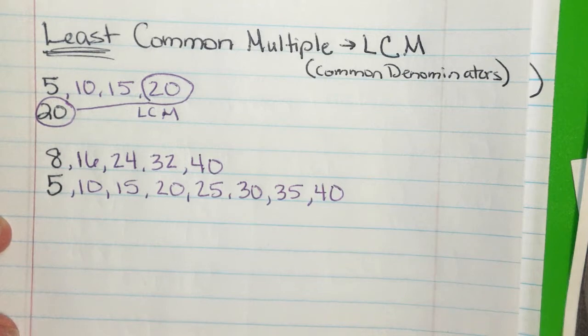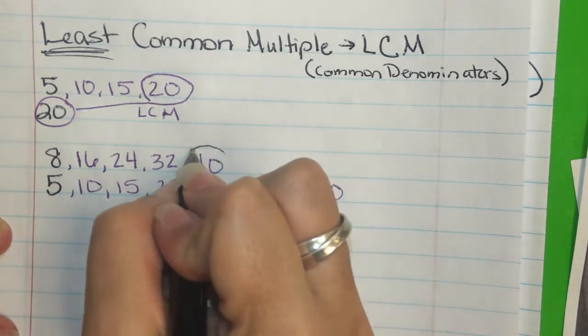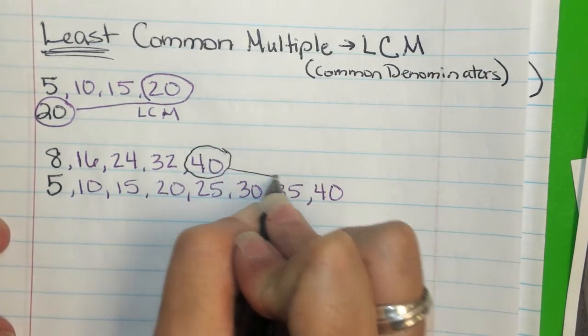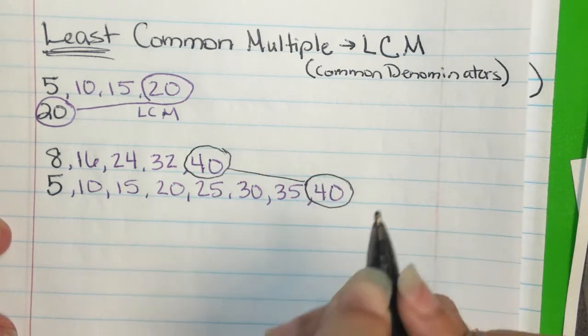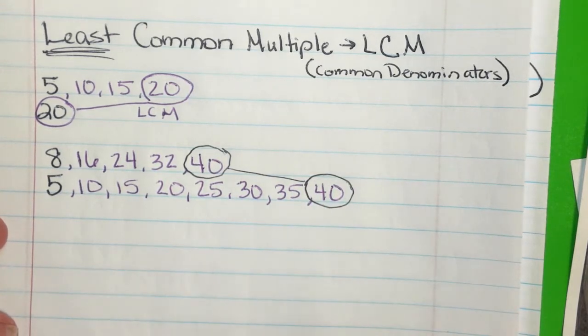And you get 40. Listen, if I'm not real sure, what I usually do is I will go out a few, like 4 or 5, and then I'll do 4 or 5 the other one.